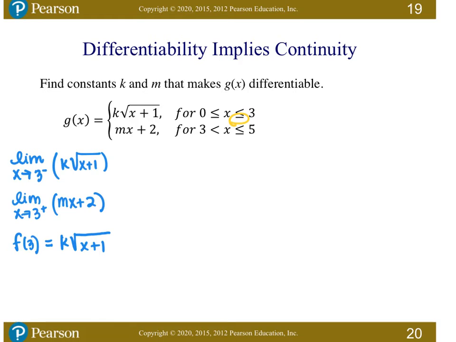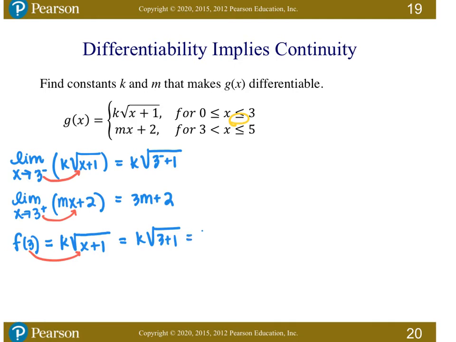So I'll plug in 3 minus, I'll plug in 3 plus, and I'll plug in 3. So this will give me k times the square root of 3 plus 1. And then this will give me 3m plus 2. And this will give me k times the square root of 3 plus 1. So let's simplify each of those. This is k times the square root of 4, which is 2k.